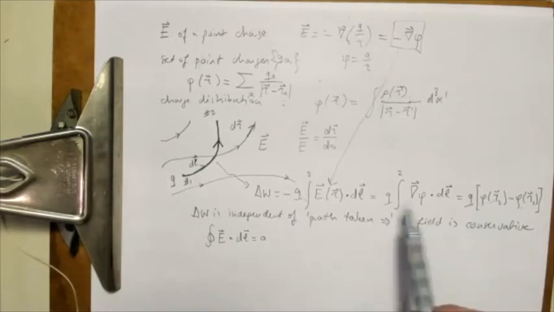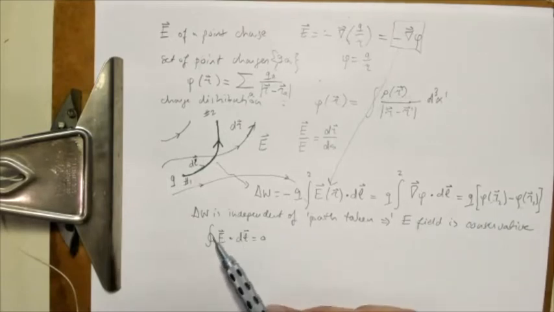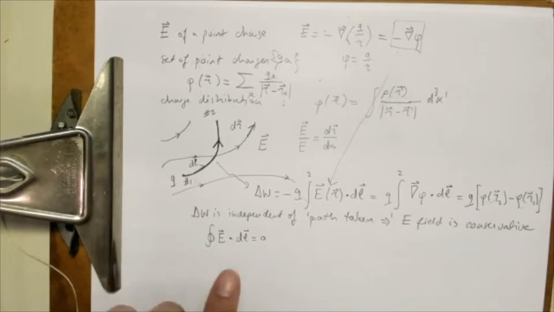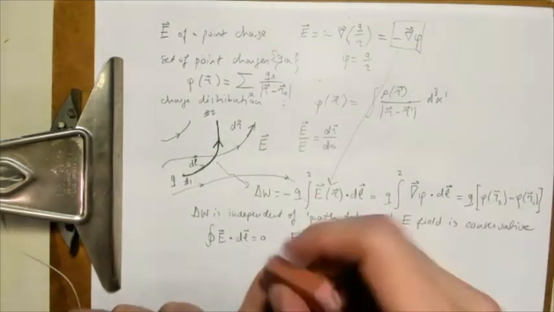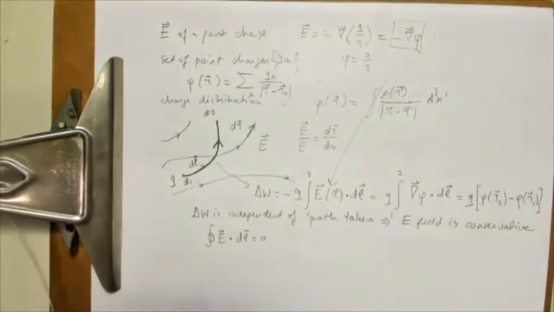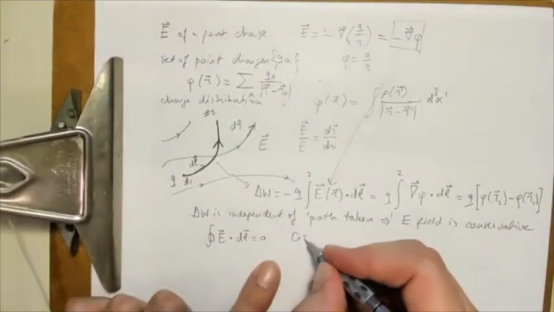So therefore, this circuit integral through the E field is 0. So that's the same as saying that the electric field is conservative. Of course, you should recognize this as Faraday's law or the circuital law. Sorry. So this is the Stokes' law.